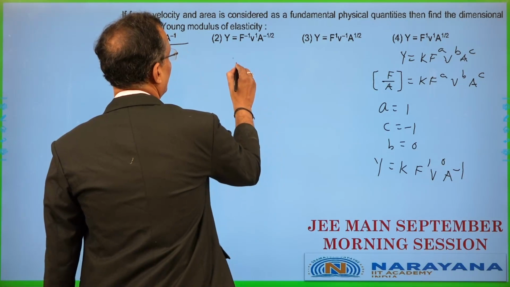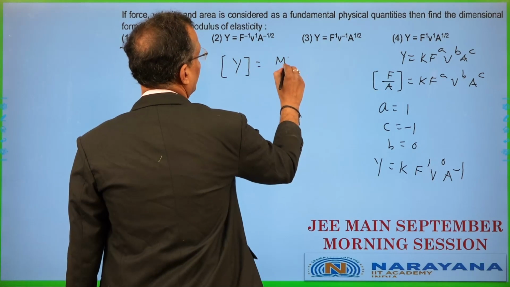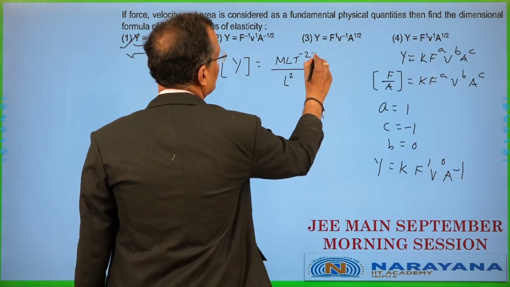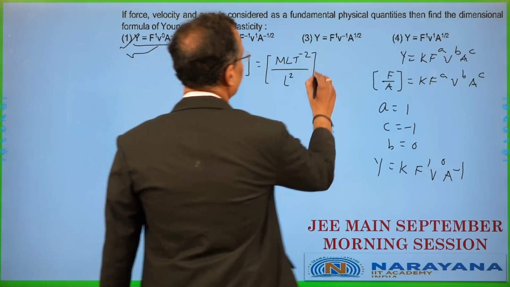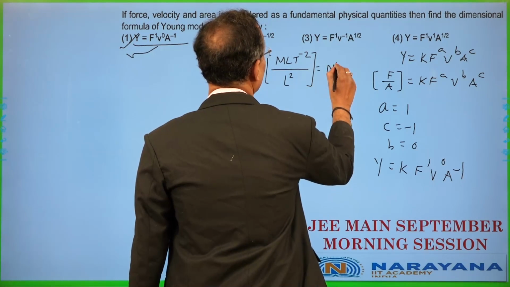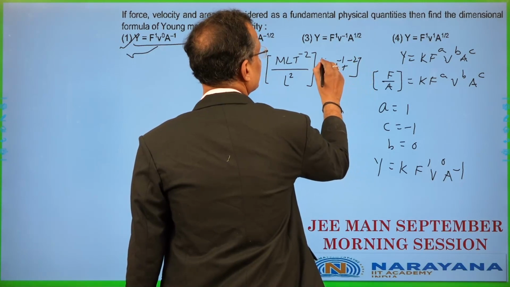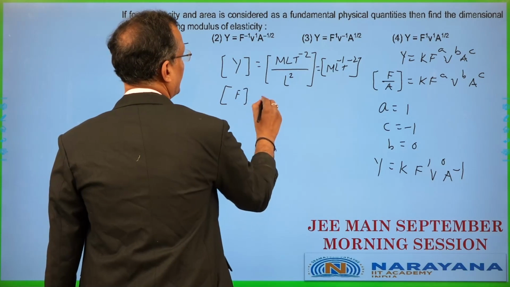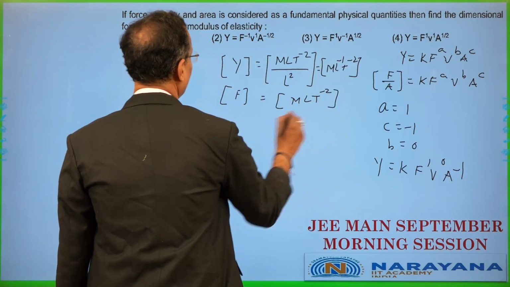For example, your Y is MLT minus 2 by L2. Clear to you? This will become M L minus 1 T minus 2. Same way, F, you will have to write M L T minus 2.